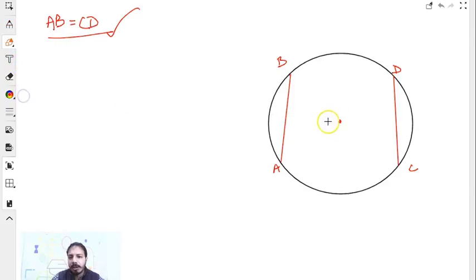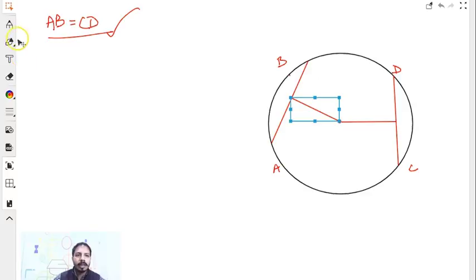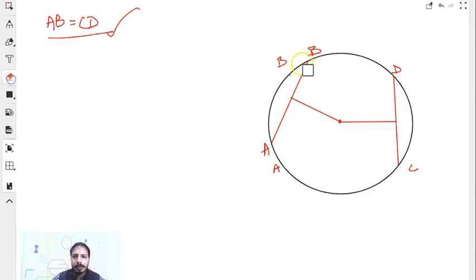Now I need to show that if I have a center somewhere here and I draw a perpendicular on this, I can move the position so that you don't get a straight line. It doesn't matter what the alignment of the chord is. That's why I have moved the chord to show you. So this is AB.